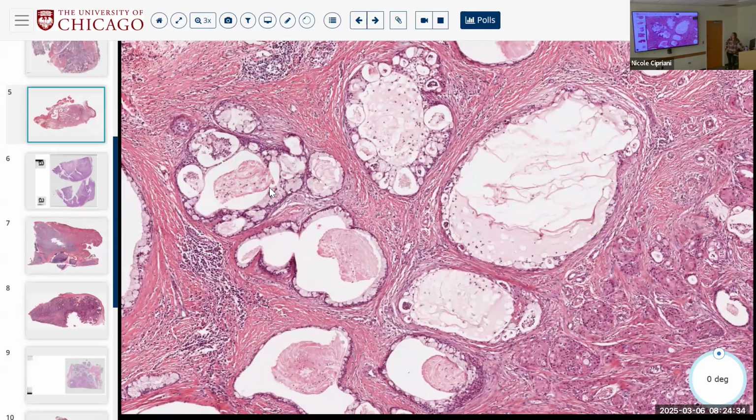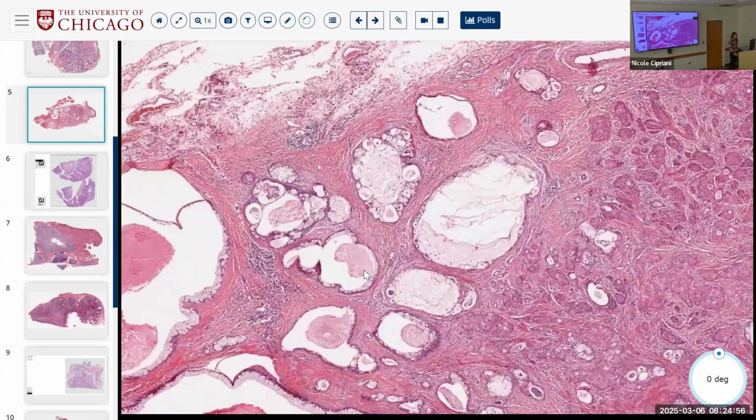MAML, Mastermind-like 2, right? MAML2 is fused with either CRTC1 or CRTC3. Okay, so we often use FISH in those circumstances. If we have a high index of suspicion for mucoep, we can use FISH to prove it for MAML2. Okay.